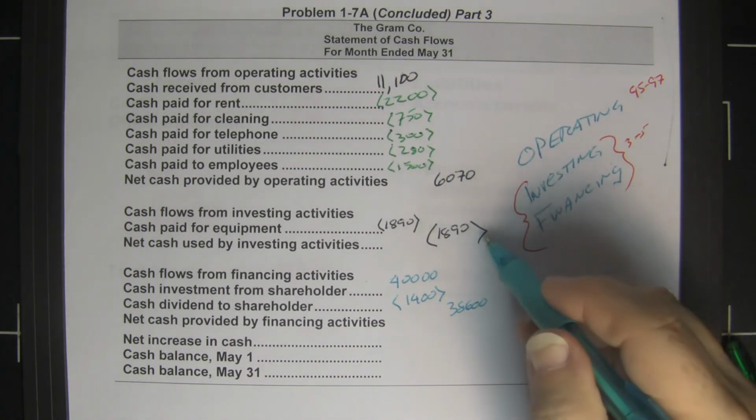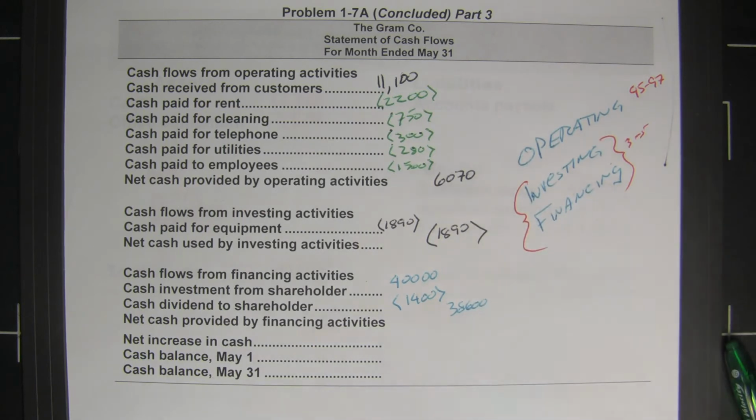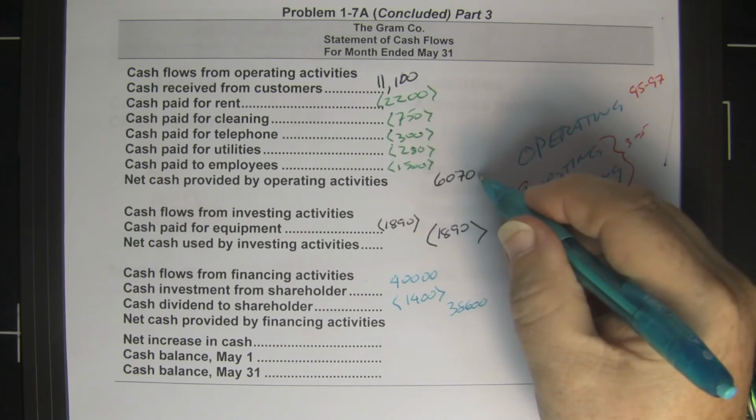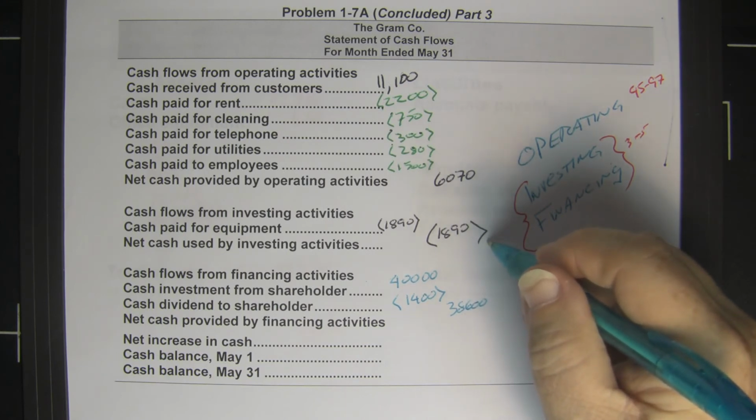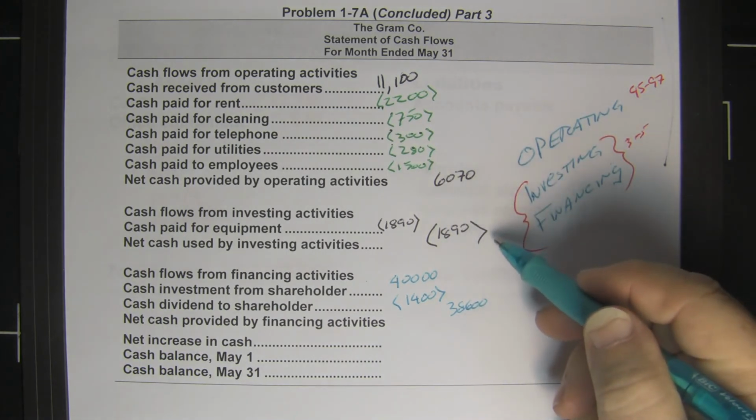Inflow from operations, outflow from investing, inflow from financing. They're all good signs. You always want to see cash in from operating. Cash out from investing is good. That means that the company's growing.